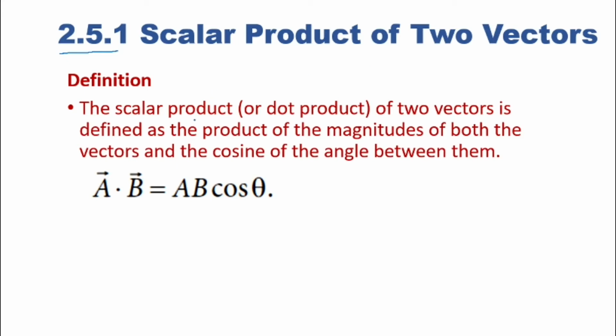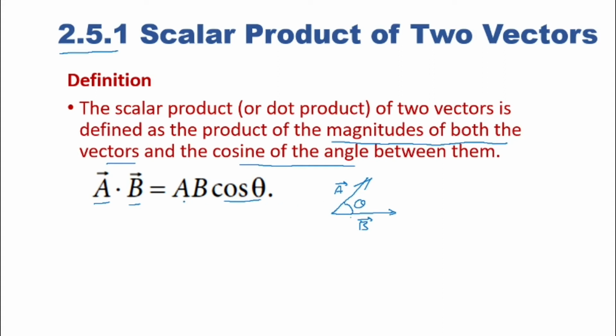Definition: the scalar product of two vectors is defined as the product of the magnitudes of both vectors and the cosine of the angle between them. The two vectors are A vector and B vector.